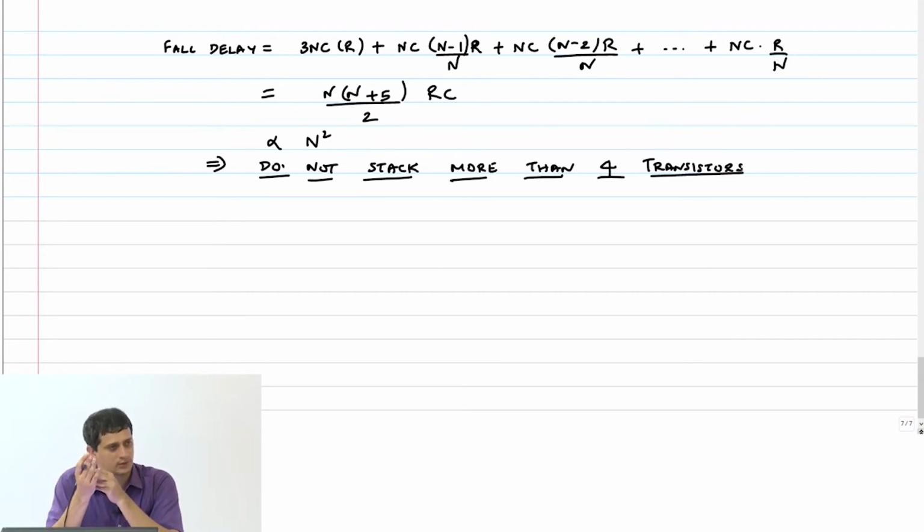PMOS will actually be worse, doubling the capacitance, everything. You'll see later there are other reasons also why we should not do this. Therefore, it's generally a good idea that people stop with 4 input NAND gates. Typically 3 is preferred, but at most 4, not more than that.